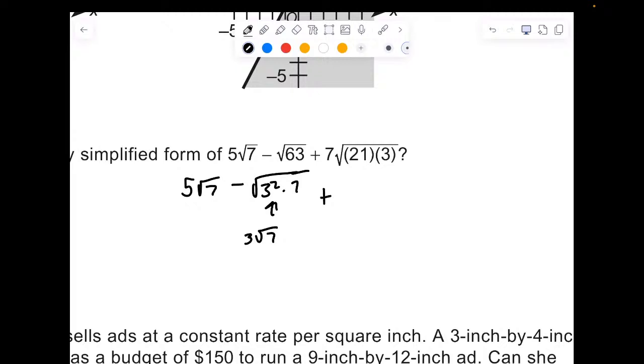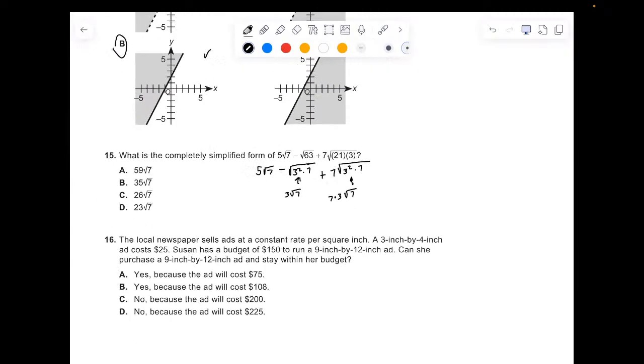And then 21 times, oh, actually we can kind of cheat this a little bit. This is going to be 3 squared times 7, which comes out to be 7 times 3 root 7. Am I crazy? Is that what it is?